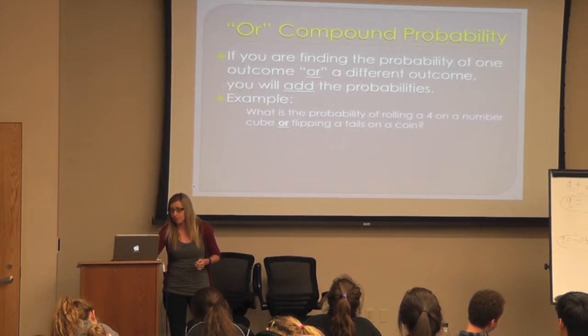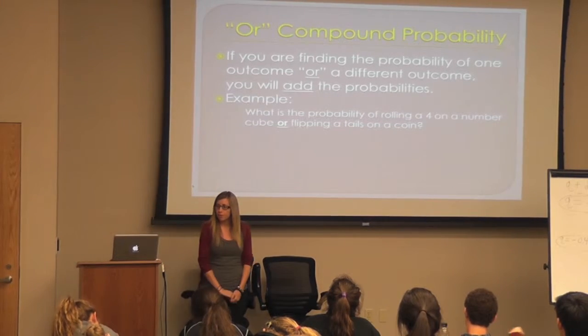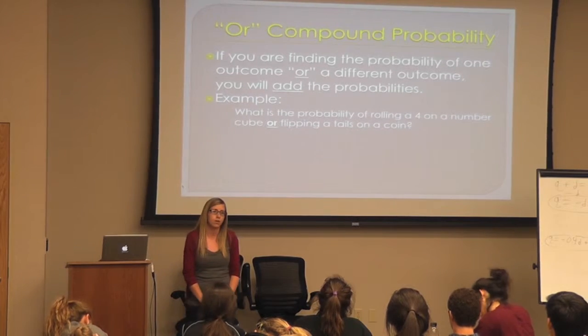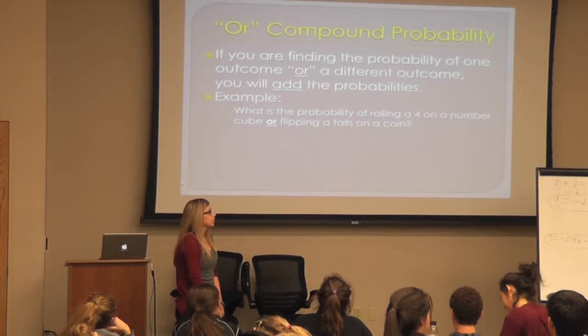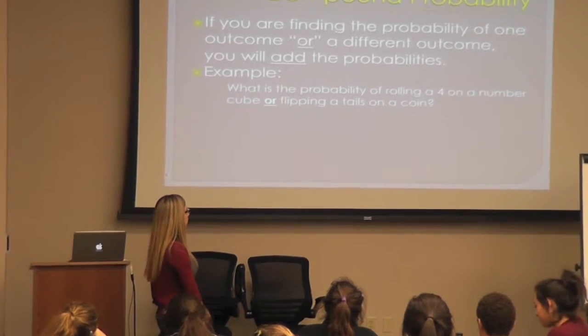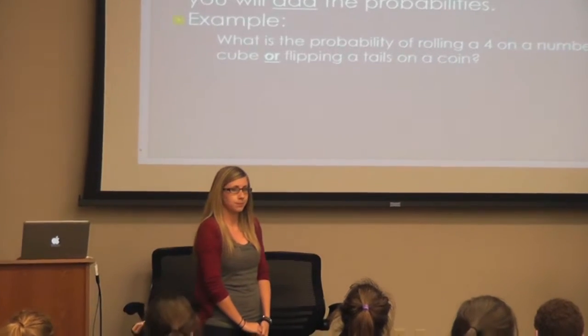So here's an example. What is the probability of rolling a 4 on a number cube or flipping a tails on a coin? What we want to do is find the probability of each event. What's the probability of rolling a 4 on a number cube? 1 out of 6, because there's 1 on the number cube out of 6 total sides. What's the probability of flipping a tails?